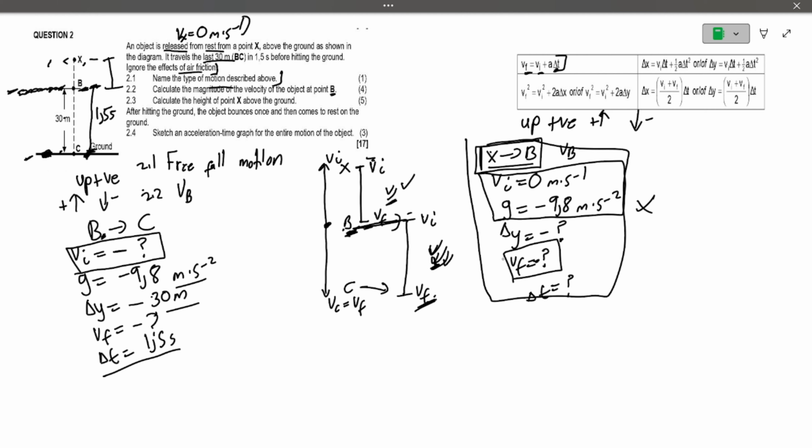We can use this method if we want, because the question says to calculate the magnitude of the velocity at B. So we can start to use this one.